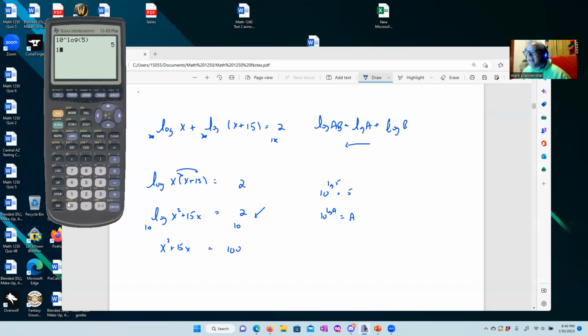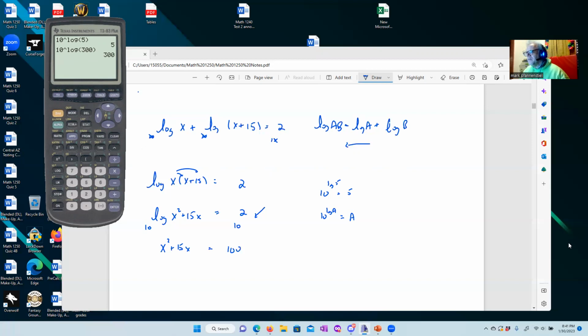We can say 10 caret, so I already have it written up here, raised to the log base, whatever you'd like. We did 5. Let's do 300. What are we going to end up with? We're going to end up with 300. So 10 raised to the log base 10 of 300, what do you know, it's 300.